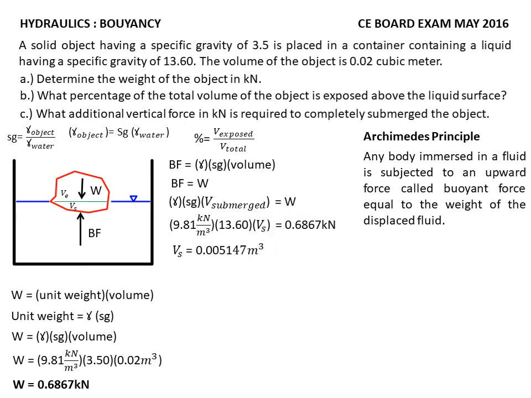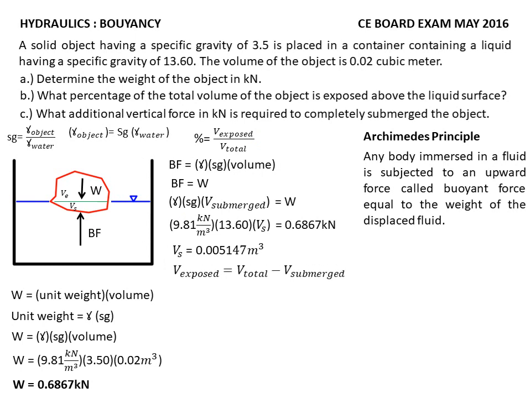We can solve the volume of the submerged, which is equal to 0.005147 cubic meter. Since we already have the volume of the submerged and the volume of the total, we can now solve the volume of the exposed, which is required to compute the percentage of the exposed.